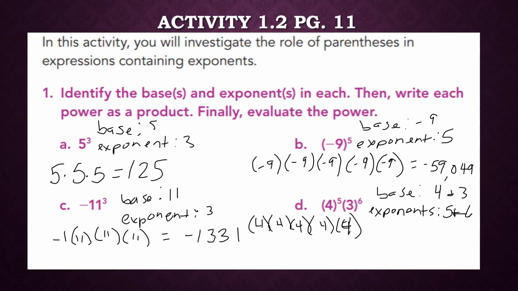And then we're going to need 3 six times. So 1, 2, 3, 4, 5, 6. Last but not least, we are going to evaluate that. Again, you can use your calculator. You get 746,496.